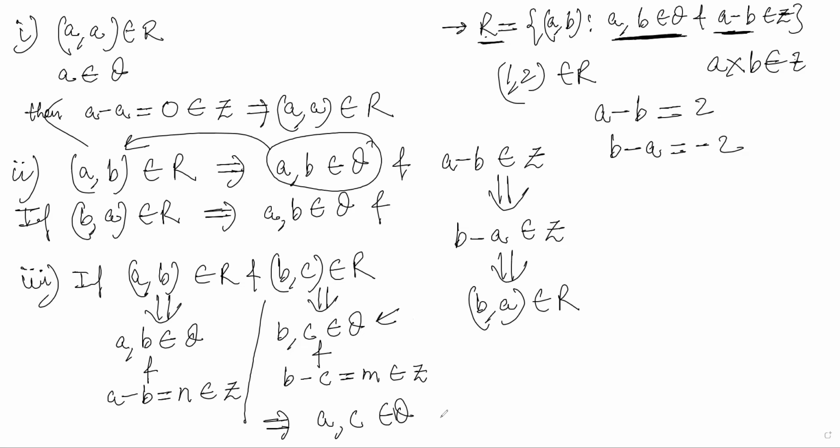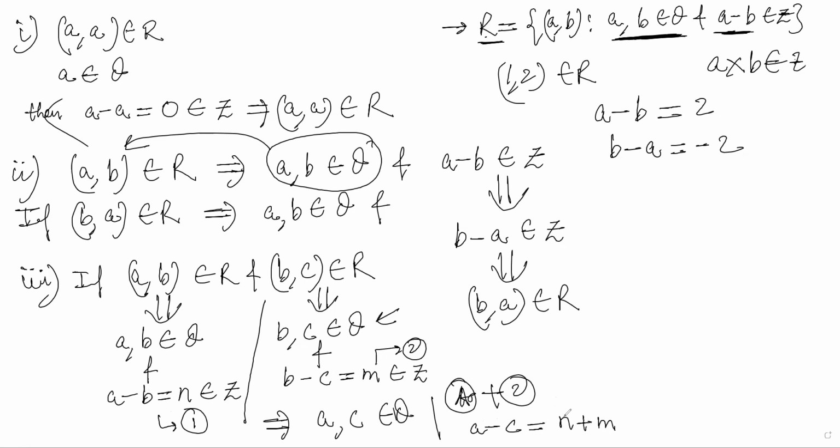Right? Yes, sir. Now let's add these two parts, A minus B and B minus C. Let's say this equation is 1 and this equation is 2. So adding 1 and 2, on the left hand side B gets cancelled out and you are left with A minus C. On the right hand side, you will get n plus m.